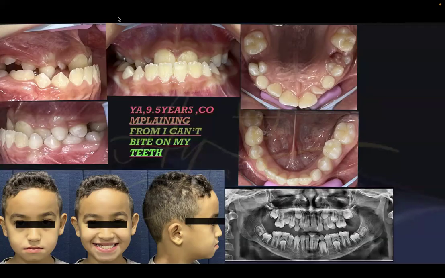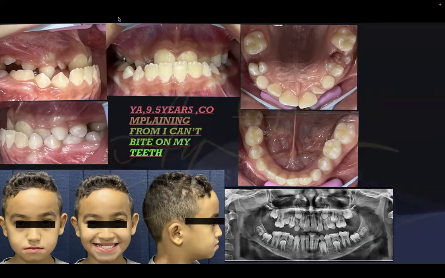This is the glabella to the subnasale, and the subnasale to the pogonion.